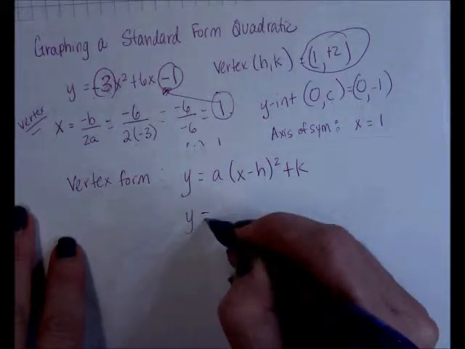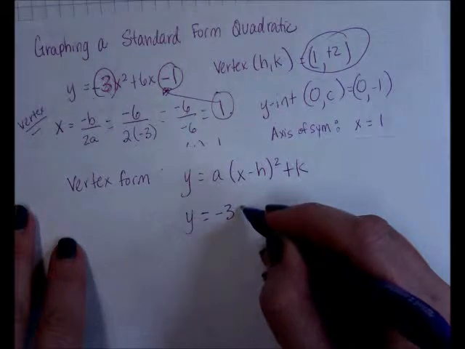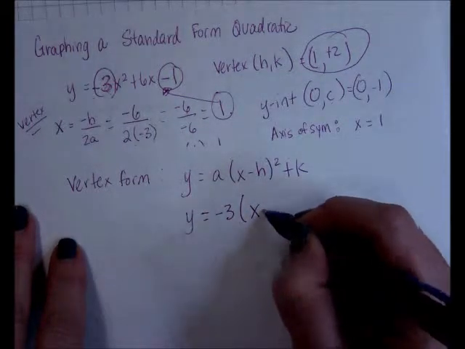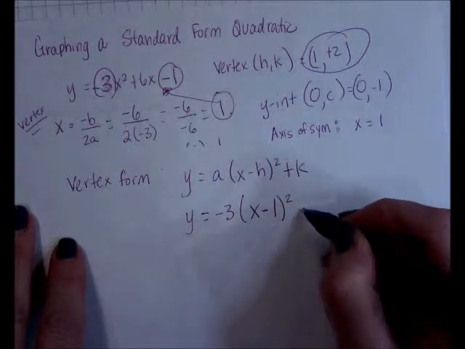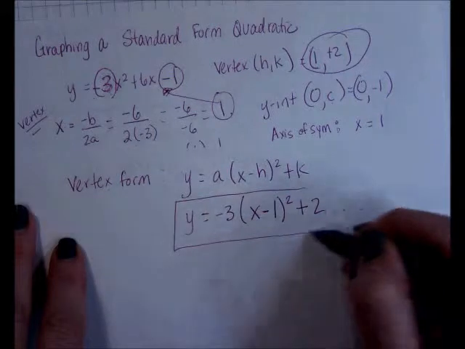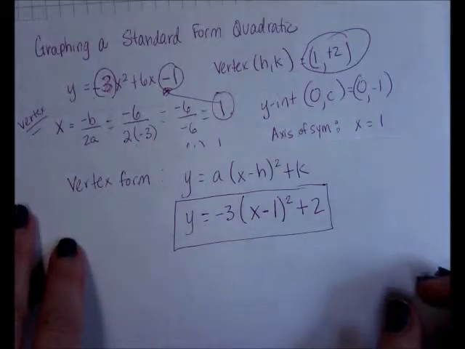And so that's y is equal to, and a is still negative 3 from my original standard form equation, x and the opposite of h, so it's going to be minus 1 squared, and then plus 2. And so this would be my vertex form of this same standard equation.